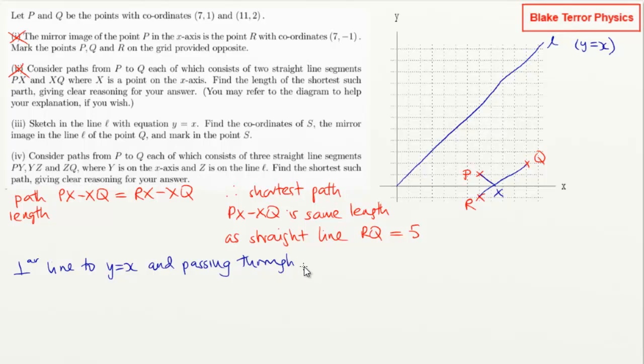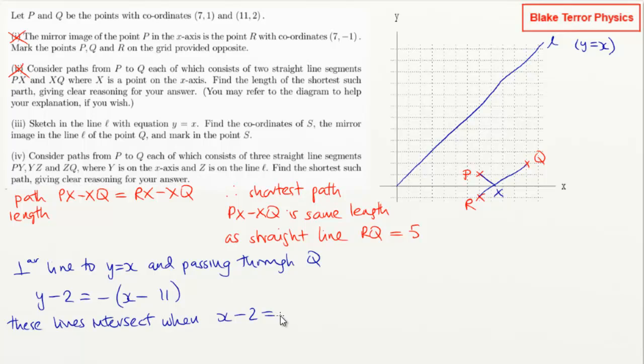So we know it's got a gradient of -1. So that is going to be y minus 2 equals minus (x minus 11). These lines intersect when x minus 2 equals minus x plus 11.